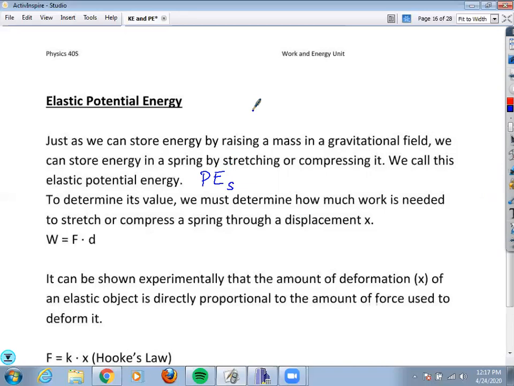To determine the value, you have to figure out how much energy, or work, is needed to stretch or compress a spring through displacement X. So X is the amount of displacement of stretching or compressing a spring.